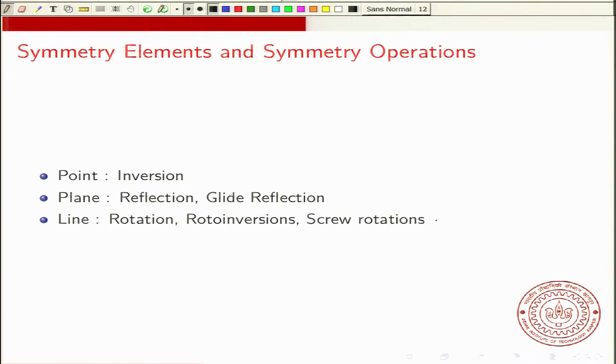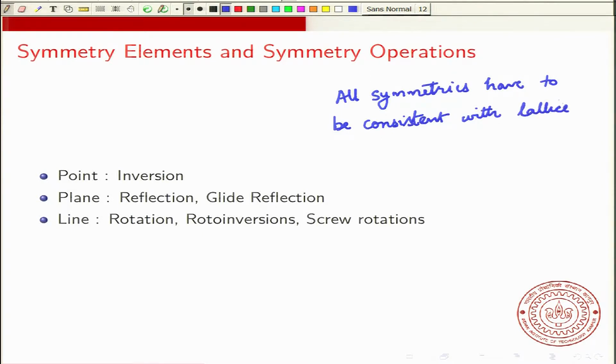Now notice that all the symmetry elements that are listed have to be consistent with the translational symmetry of the crystal. So all symmetries have to be consistent with lattice translation, and by lattice translation I mean translation by one or more units of the lattice.